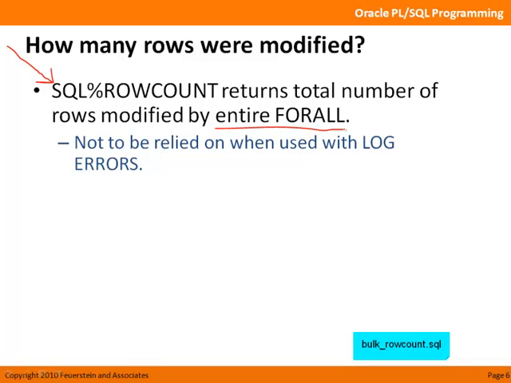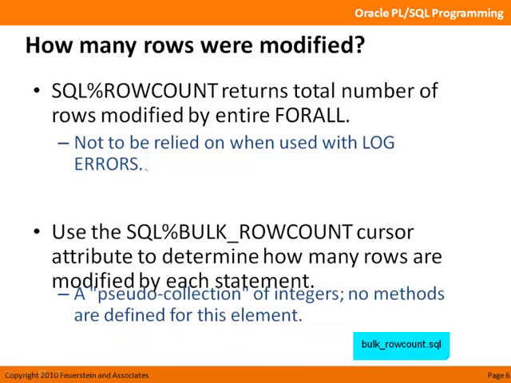And the point to remember here is that SQL%ROWCOUNT, when you're talking about FORALL, applies to the entire FORALL statement, not the last statement executed within the FORALL. Note also that if you're using the LOG ERRORS clause, which is another way to suppress errors at the row level, check out the error management video series for more details, then the number that's returned by SQL%ROWCOUNT is not to be relied upon. But in general, SQL%ROWCOUNT returns the total number of rows modified by that FORALL statement.